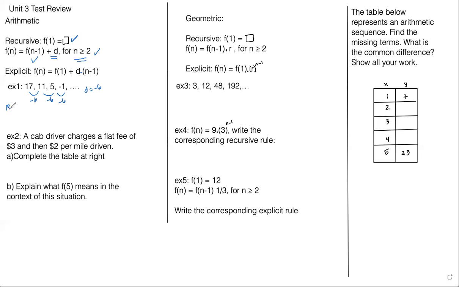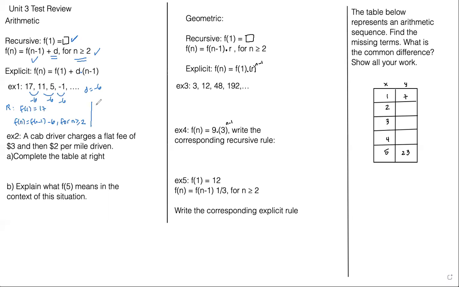For recursive, I would say f of 1 equals, and I state f of 1, which in this case is the first term, and that's 17. And then I would say f of n equals f of n minus 1 plus the common difference. Now the common difference is negative 6, so minus 6, and then comma for n greater than or equal to 2. So these are the elements of recursive.